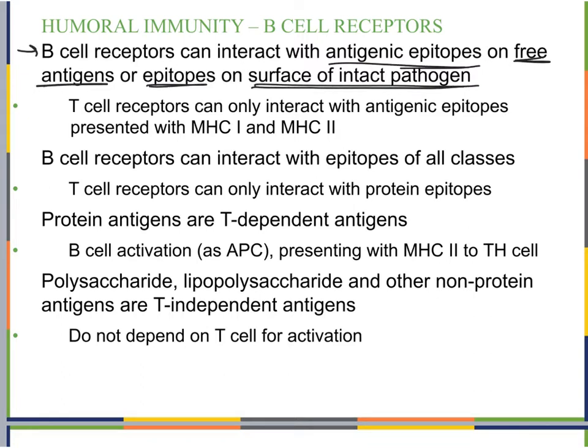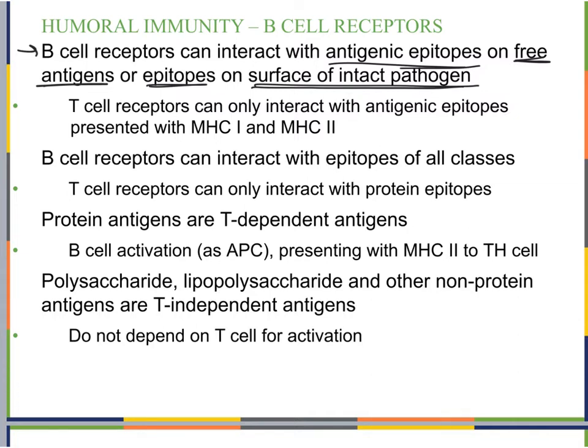So if we have our intact pathogen, right, so we have our bacteria that has gotten to the body somehow, our B cell receptors can interact with those intact pathogens. If the antibody on the B cell has the correct match on the end of the antibody to match up with the antigen on an intact pathogen, it will do that.